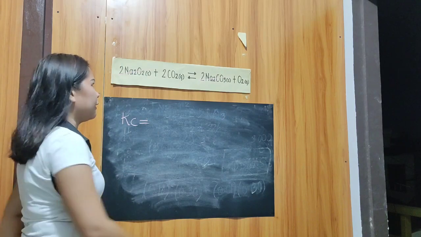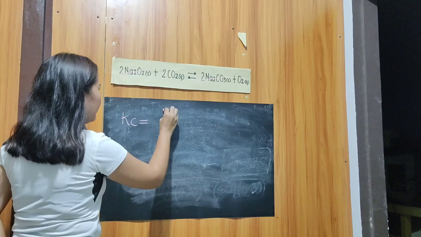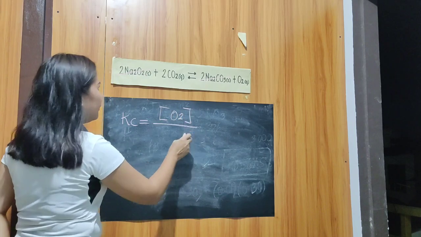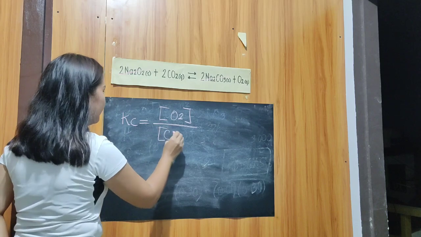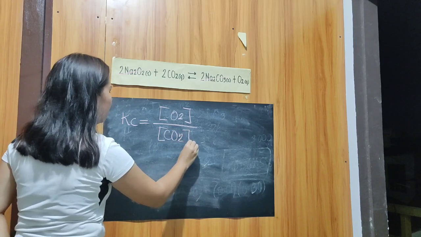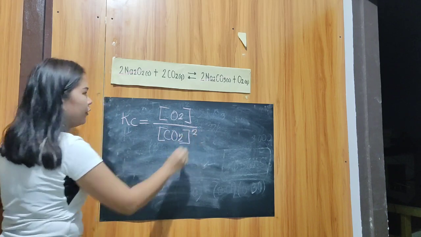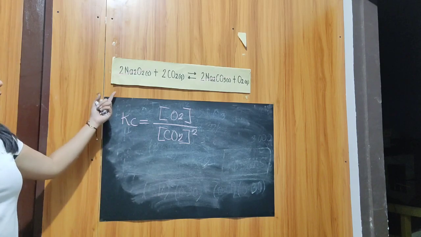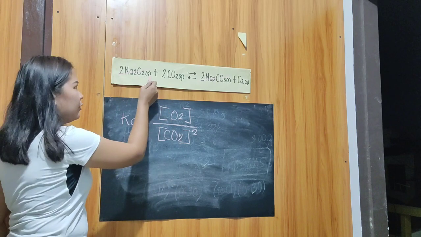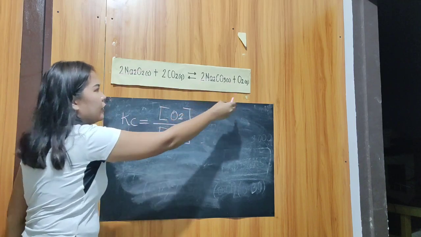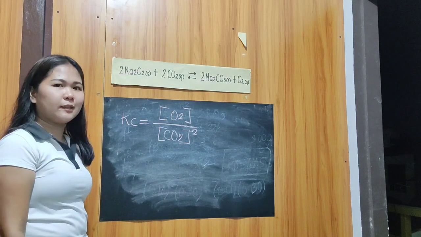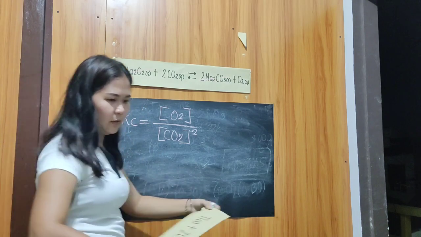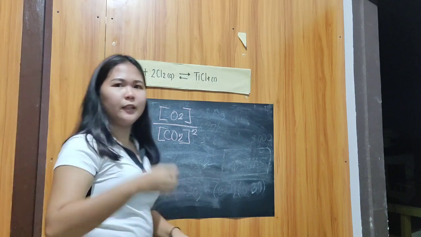No need to solve, it goes straight. So this is O2 over CO2 to the power of 2. So it is that easy. So always remember not to forget to observe the substances. Okay? Okay, so next, another curiosity.